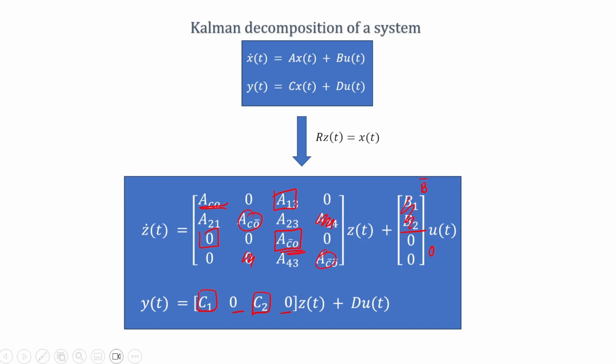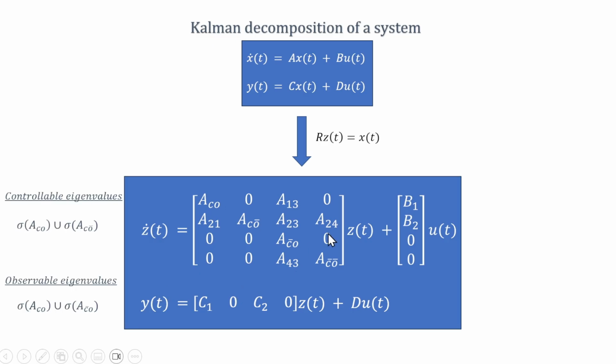So you can see that in this transformation, we have taken everything together. It's not like only the uncontrollable case or only the unobservable case. In this case, everything is coming together. Okay. Now you see here the controllable eigenvalues are the union of eigenvalues of this, and the observable eigenvalues are the union of eigenvalues of this and this.